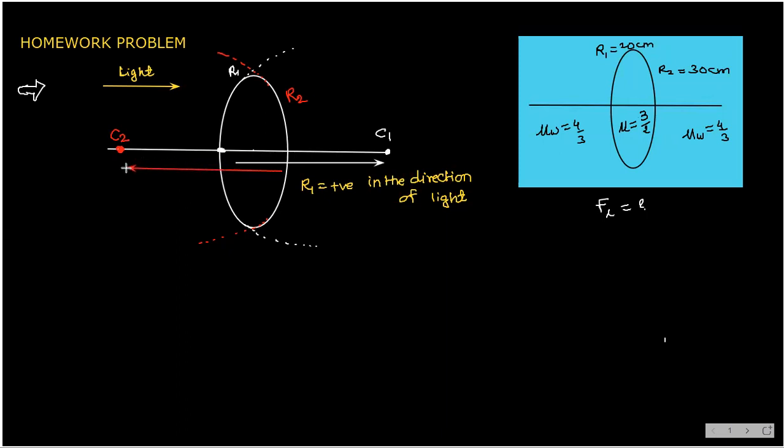This is opposite to the direction of light. That's why R2 is negative. Why? Opposite to the direction of light.